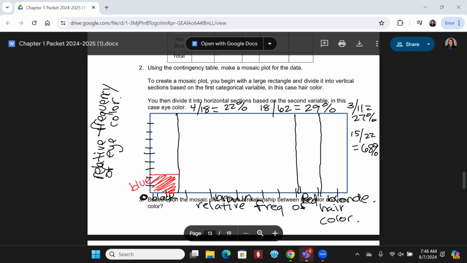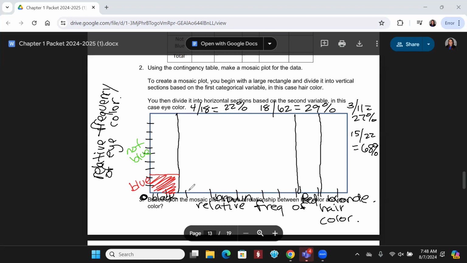And how many percent is not blue? I probably should switch those colors. Let's go not blue up here. Okay.